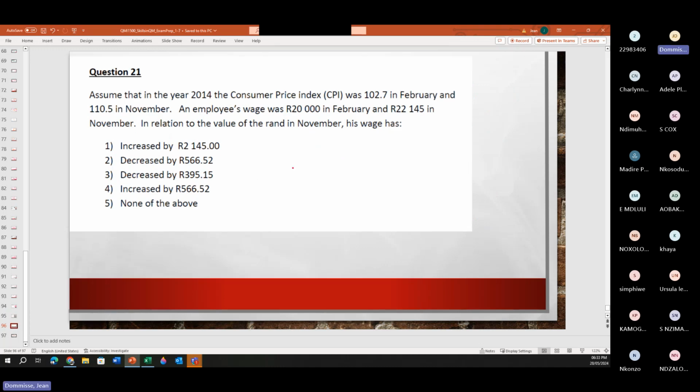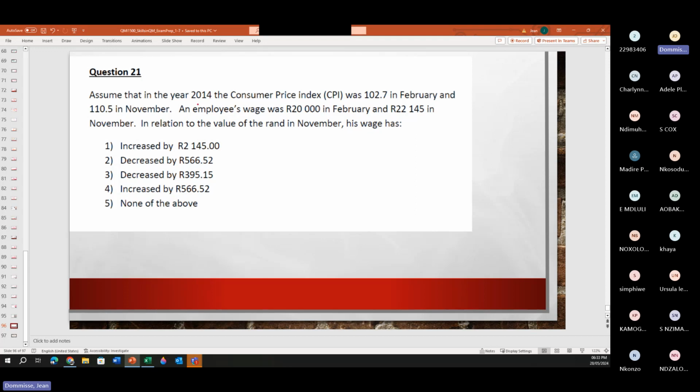Okay, the last question that I wanted us to look at, and then we can discuss some of the things around the paper that you guys need to be cognizant of. So let's look at what they're asking us here.